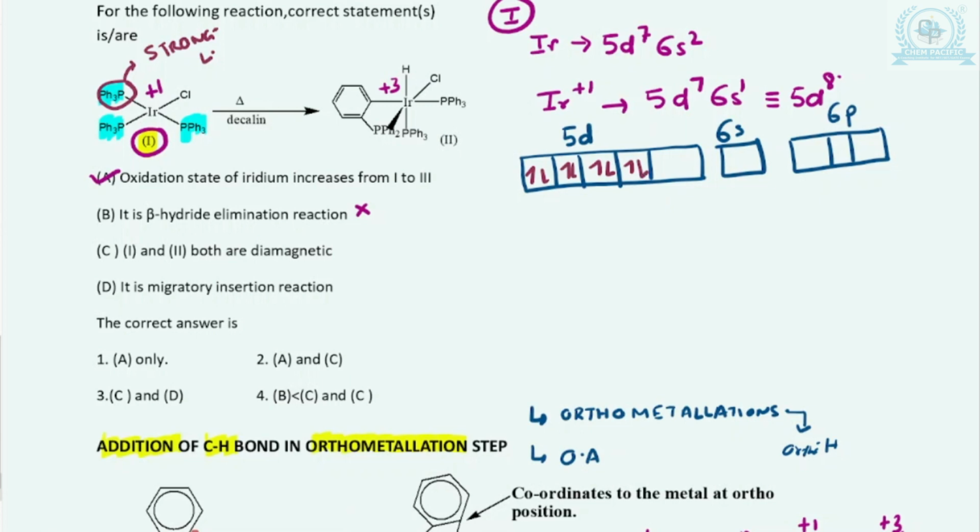And PPh3 is a 2-electron donor and Cl minus is also a 2-electron donor. I hope you must be knowing this. Okay? So PPh3 being a 2-electron donating ligand, you are having 3 PPh3 and 1 Cl minus.